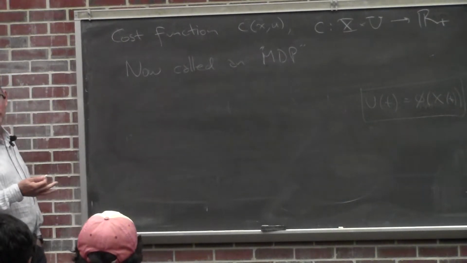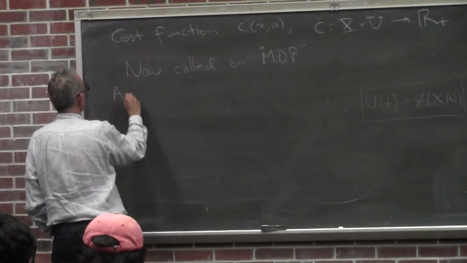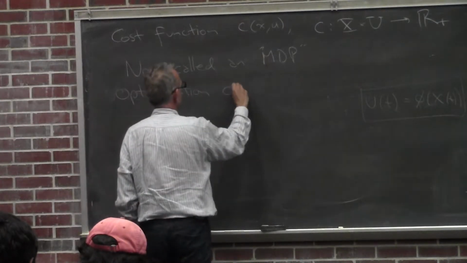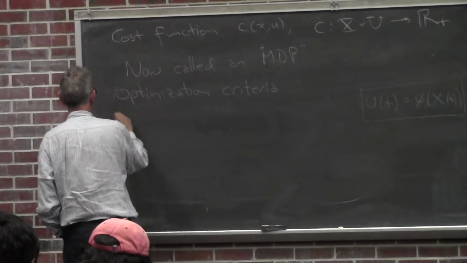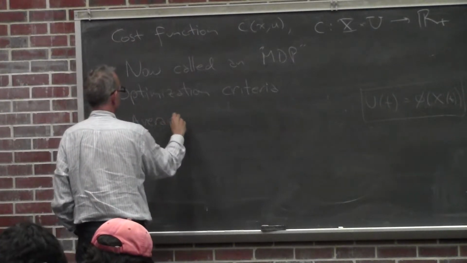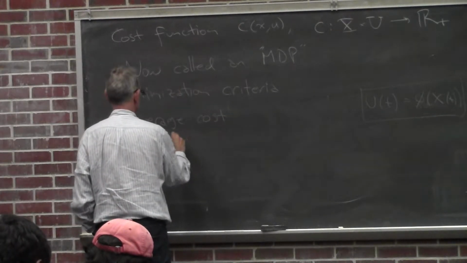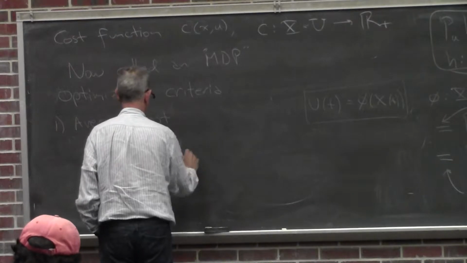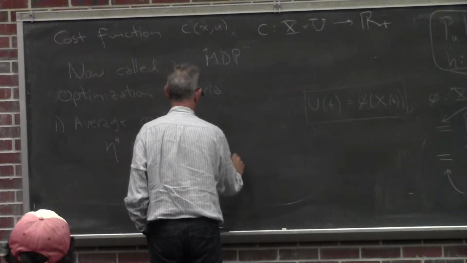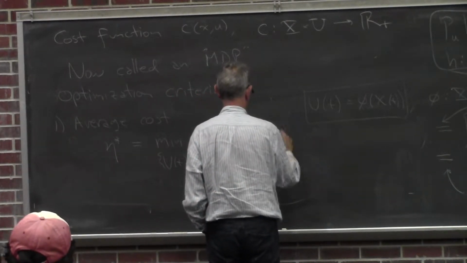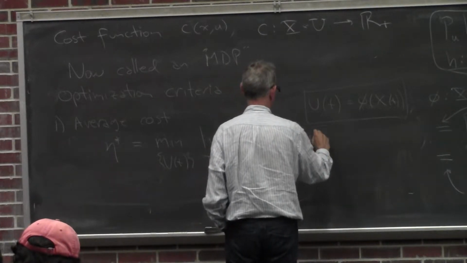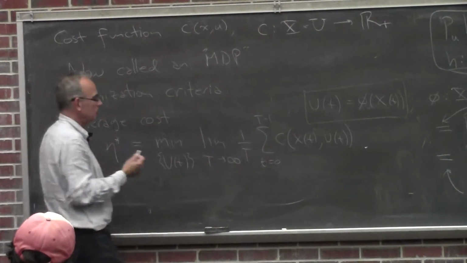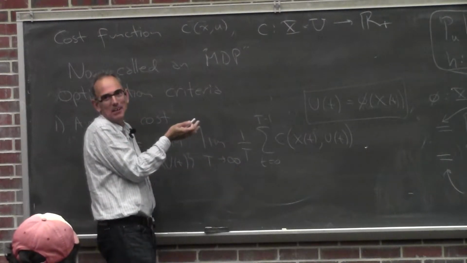And there's a whole bunch of cost criterions we'd look at. One might be average cost. It makes me uncomfortable not to put a sup there because the limit might not exist, but under the policies we look at, it will exist.